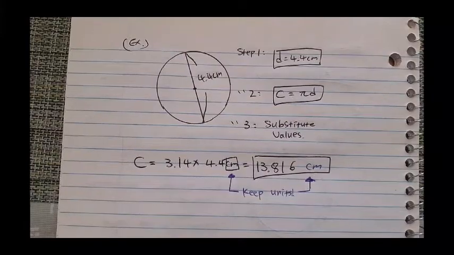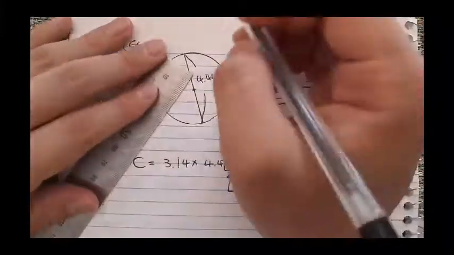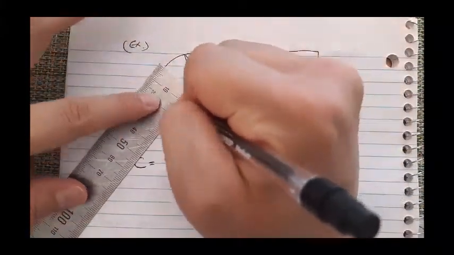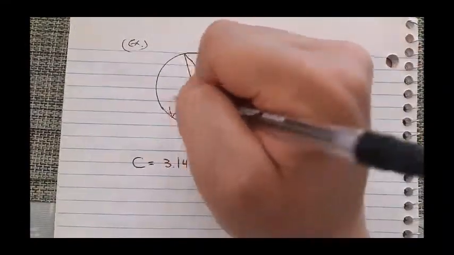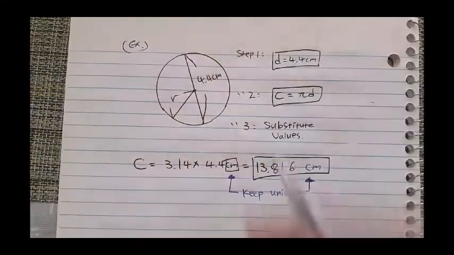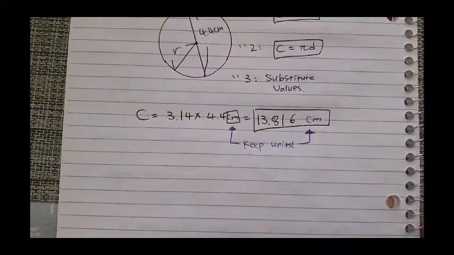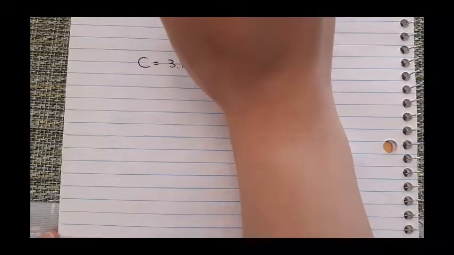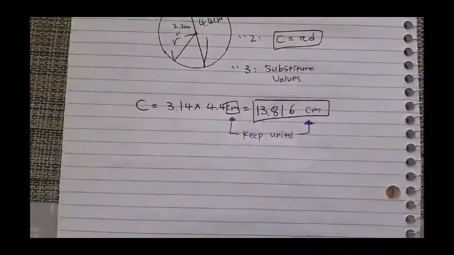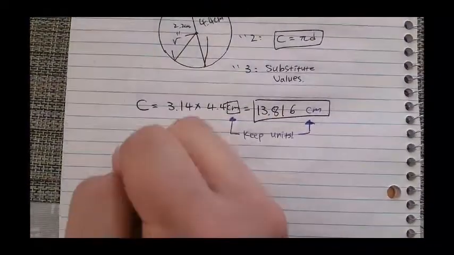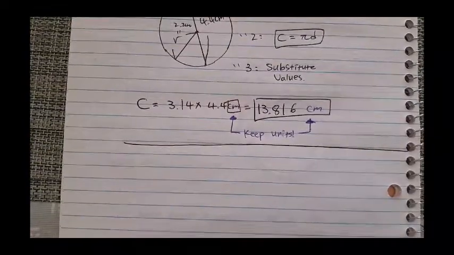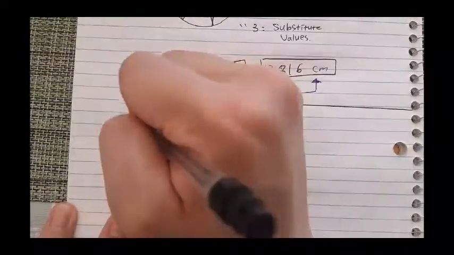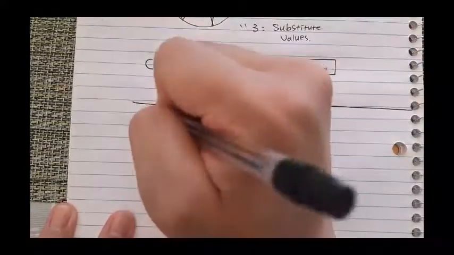Now, what if radius is given? Here's the thing. Radius is given as 2.2 centimeters. I'm going to use the same scenario, if you will. Imagine diameter is not given, radius is given. So we're going to copy what we have been given first.